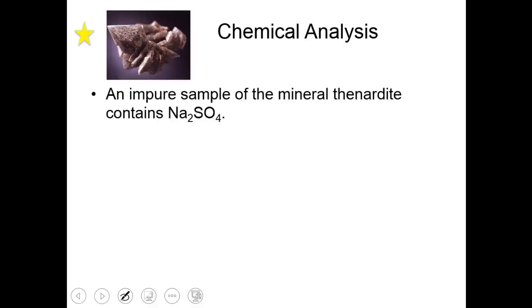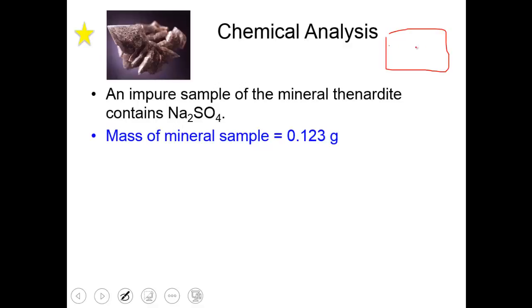And so let's say we have an impure sample that has sodium sulfate contained in it. And so we have a sample that part of it is sodium sulfate and part of it is something else. Okay, and the mass of the entire mineral sample is 0.123 grams.